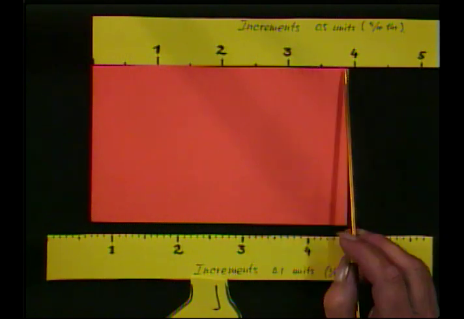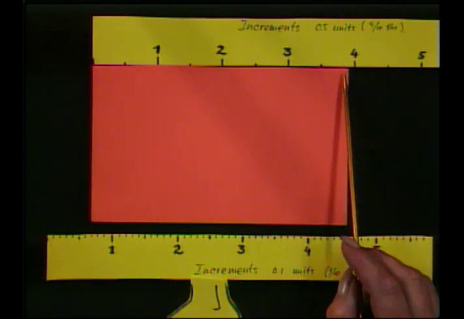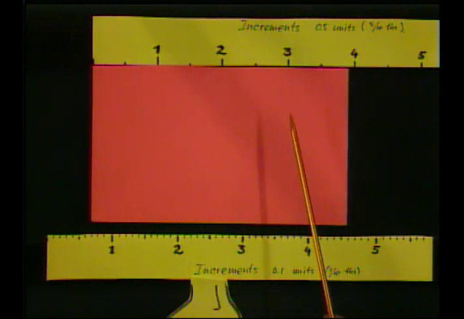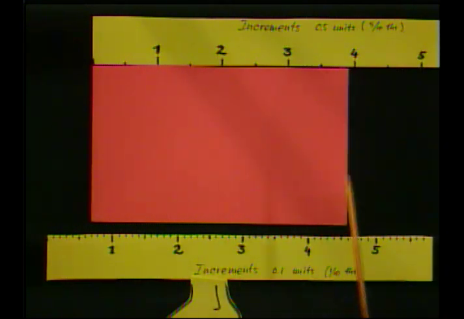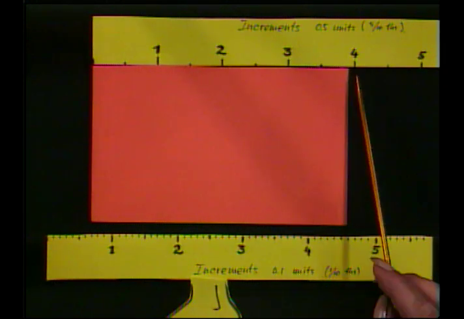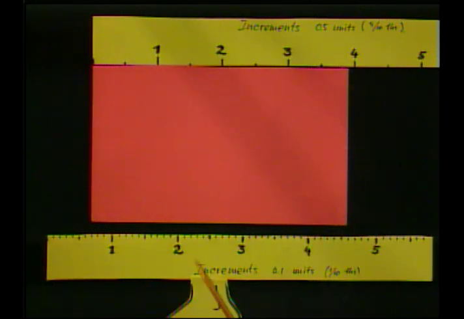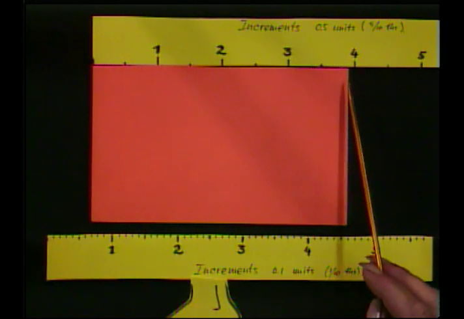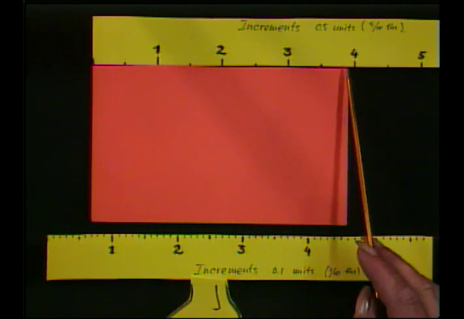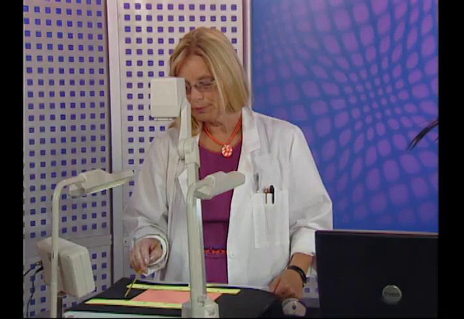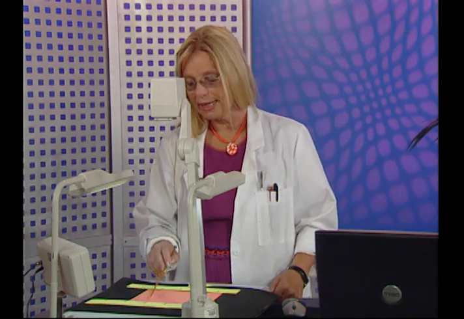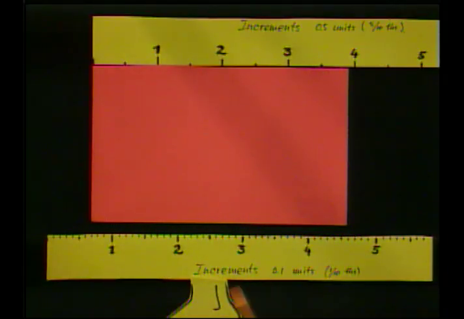So it's 3.9 I would estimate. So the last digit, 3.9, that means the digit in the tenths is uncertain. It's a little bit guesswork or estimation work. It's pretty close to the true value, but I'm guessing. There's some fluctuation in this measurement. So we can say 3.9 plus minus 0.1. This is called the degree of error.